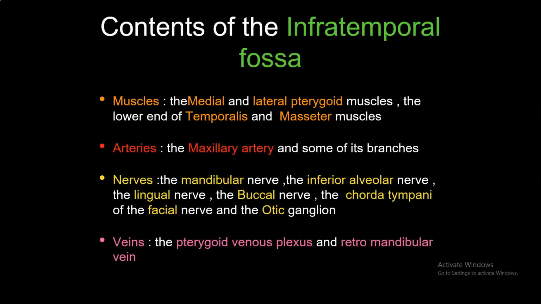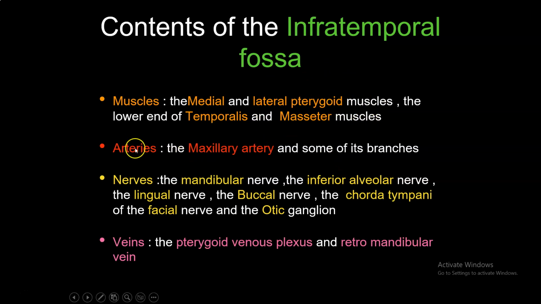Contents of the infratemporal fossa, as we said, there are muscles, and the two muscles in the infratemporal fossa are the medial and lateral pterygoid muscles, which are two muscles of mastication. The other two, temporalis and masseter, are inserted around the infratemporal fossa but are not from its contents.